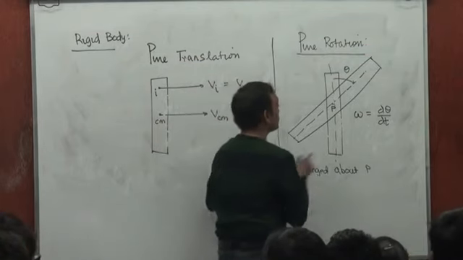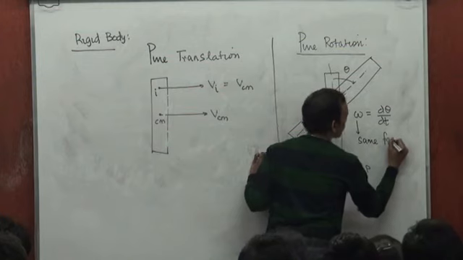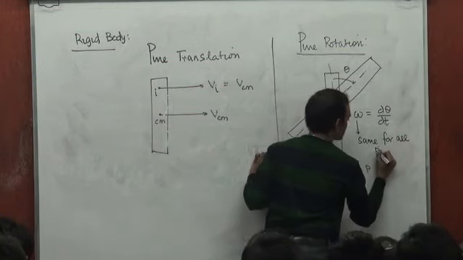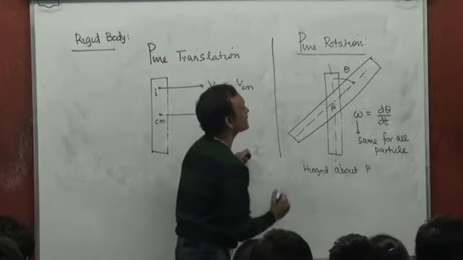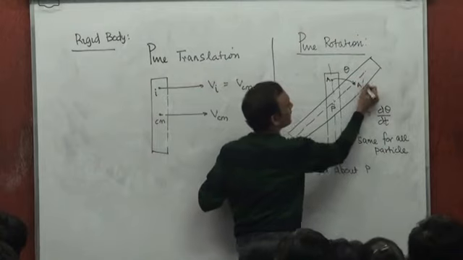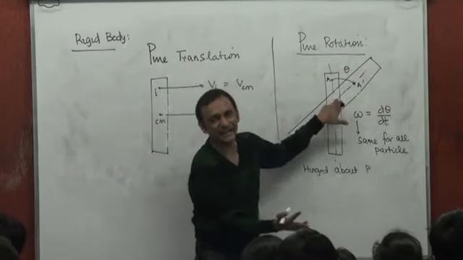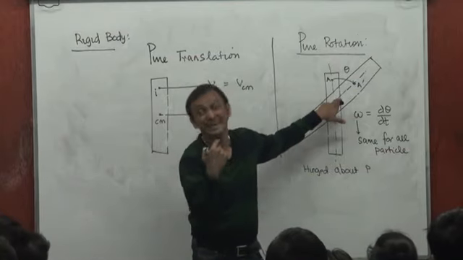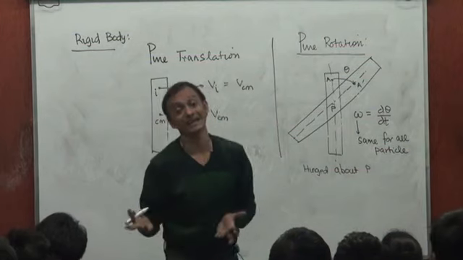In pure rotation, omega will be the same for all particles. Say if this is a particle A, and after a while it moves to A prime, and in the process A describes an angle theta at the hinge, then any other particle B will also describe the same angle theta.